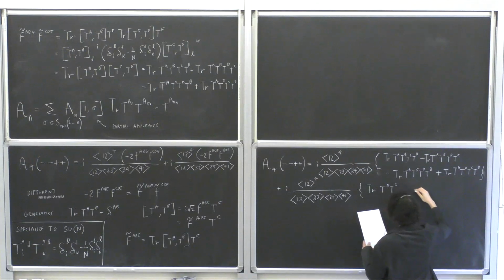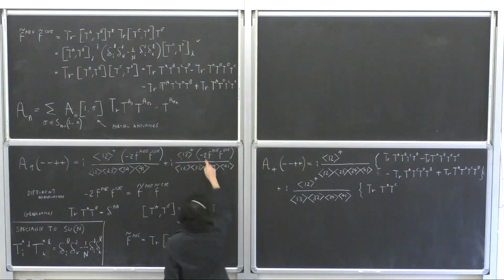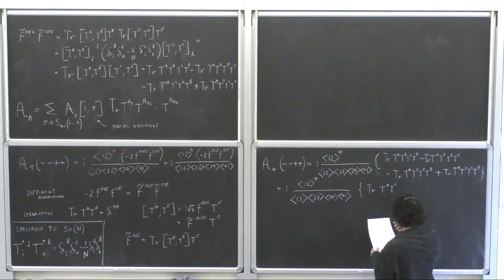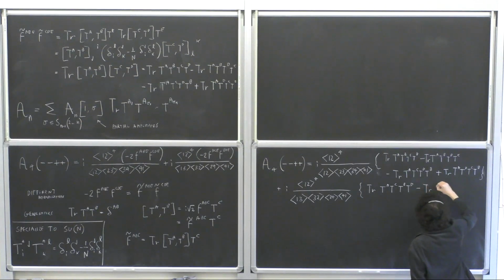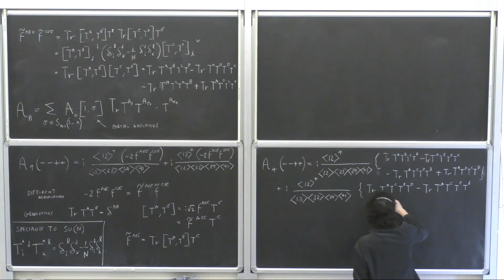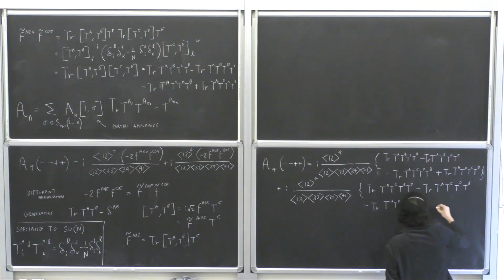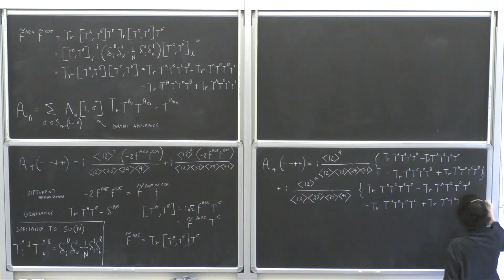TA, TC, this being obtained by which permutation you got from here to here, so you apply the same principle as in here, TB, TD, and then there is minus the trace of TA, TC, TD, TB, minus the trace of TA, TB, TD, TC, last element, plus the trace of TA, TD, TB, and then TC.